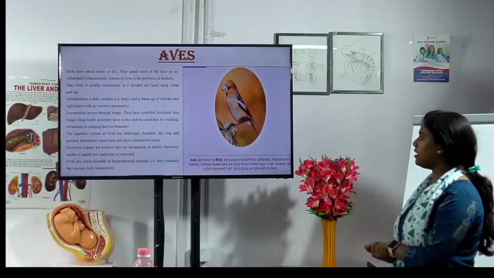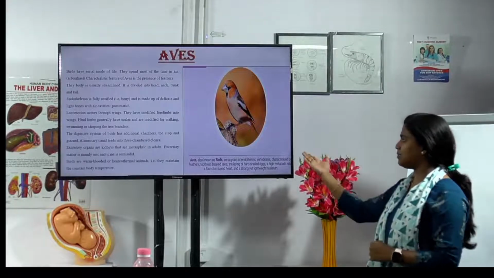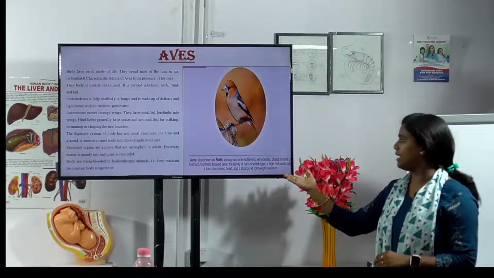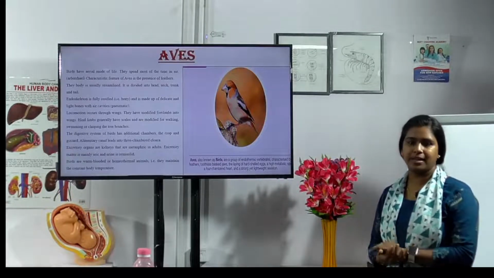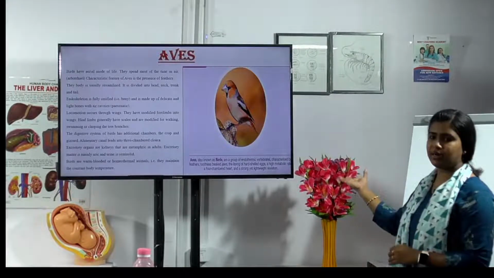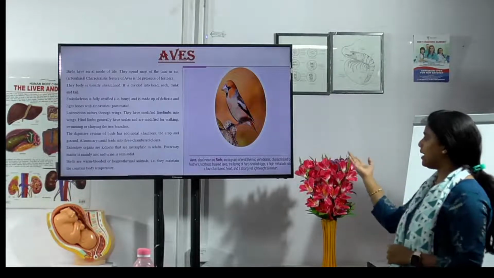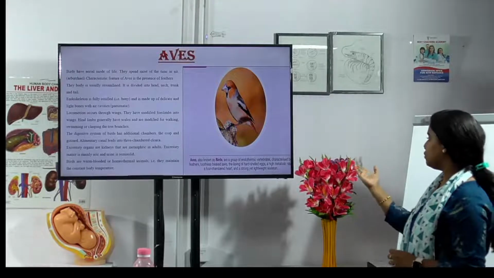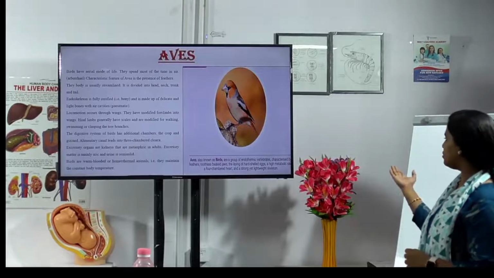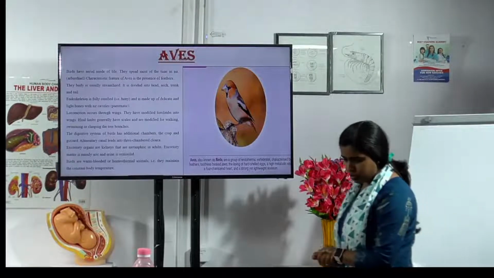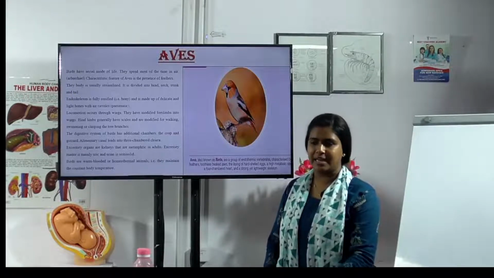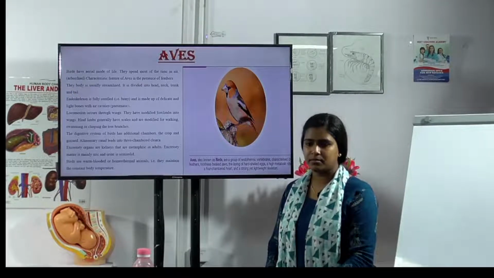Birds are warm-blooded, or homeothermic animals, that is they maintain a constant body temperature. Cold-blooded animals cannot maintain body temperature. Birds are endothermic vertebrates characterized by feathers, toothless beaked jaws and laying of hard-shelled eggs. They also have a high metabolic rate with a four-chambered heart, and a strong yet lightweight skeleton.